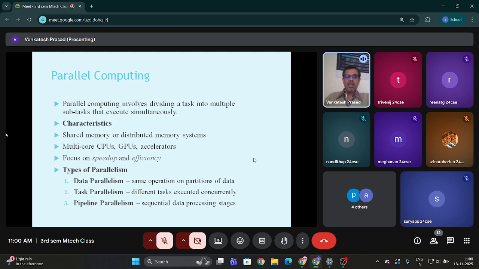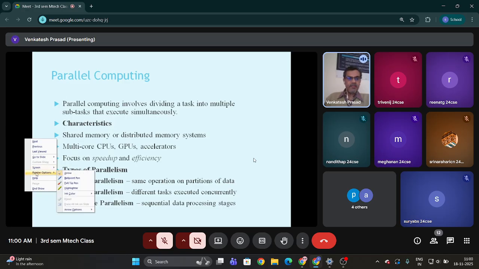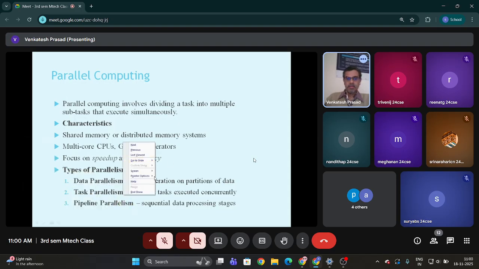They all focus on speed and efficiency. Okay, so that's the main goal, and of course to reduce the cost and to package more and more cores in a chip. So that's what they're all striving for.